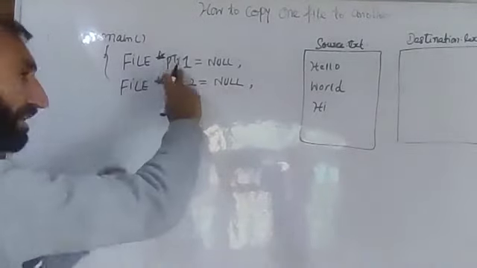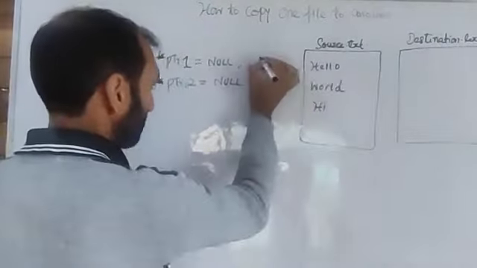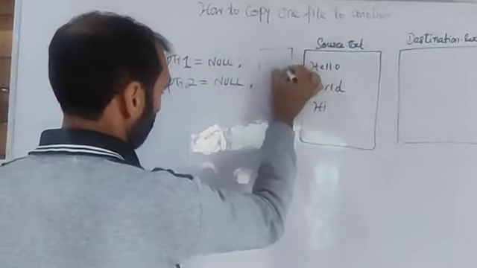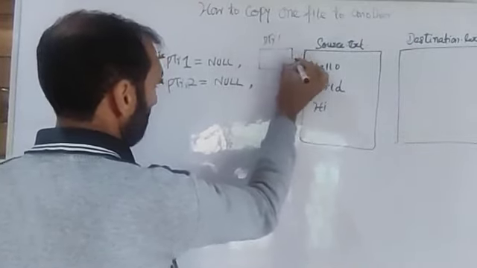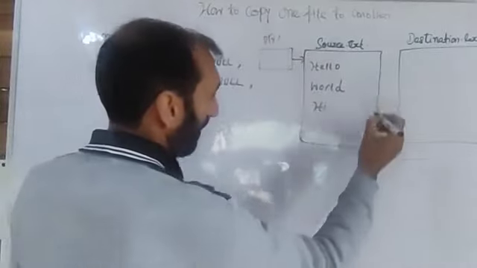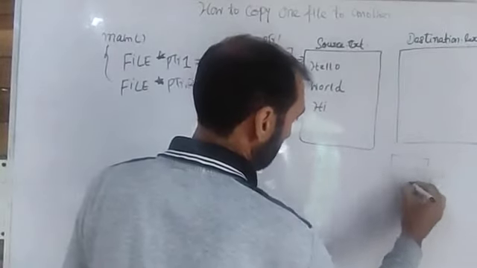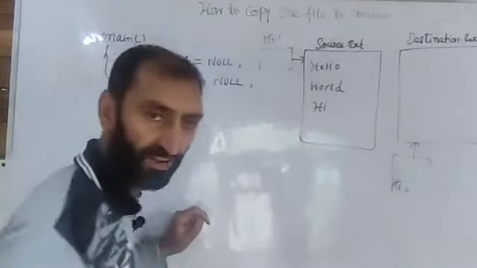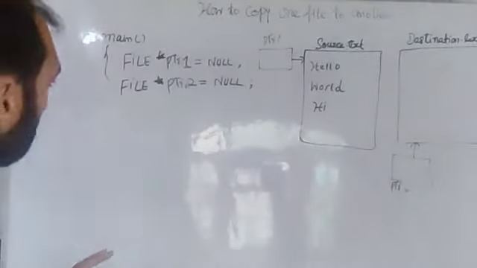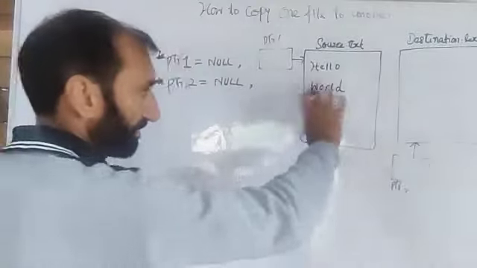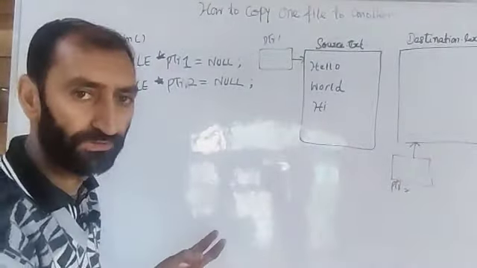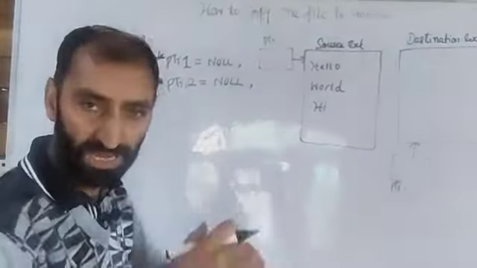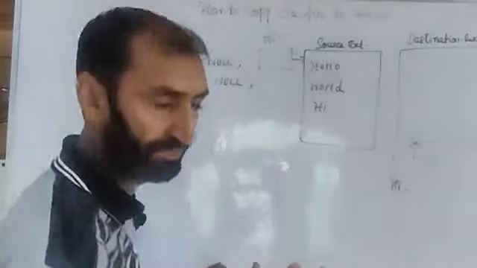So ptr1 points to the source file, and ptr2 points to the destination file. Because in order to perform any operation on a file, we need file pointers. That we have already discussed in previous videos many times.